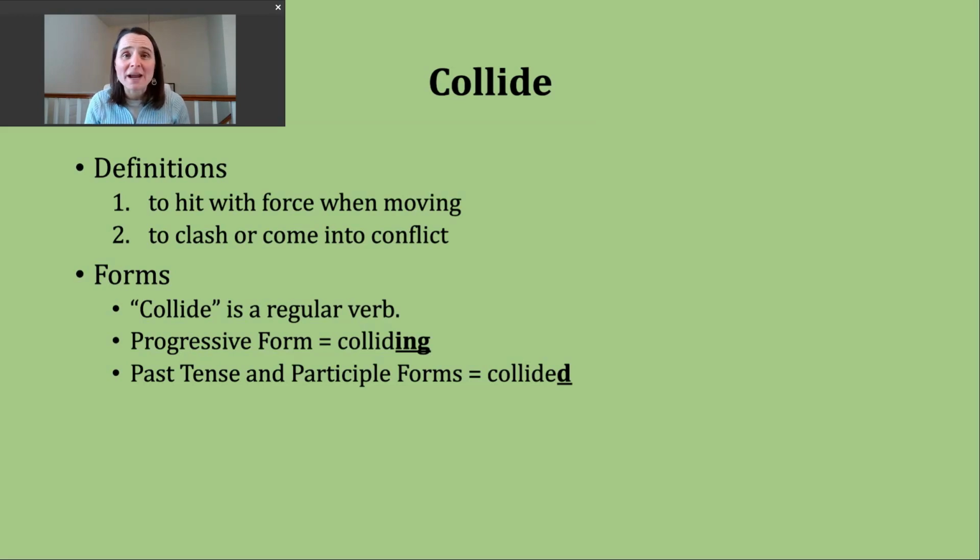D sounds are always voiced, and when we go to add ed endings to verbs that end with a D sound, we end up making an id sound, and we end up adding an extra syllable to the verb. So the past tense should sound like this: collided, collided. I hope you can hear that extra id on the end.